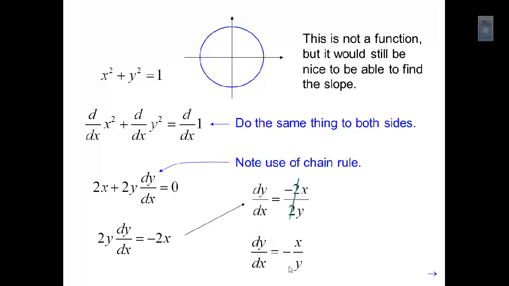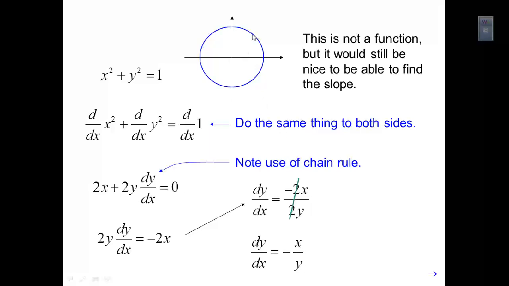So the slope of this circle, at any point along the way, let's say the point (1, 1) was on here, that would mean I would plug in a 1 here and a 1 there, and my slope would end up being negative 1.